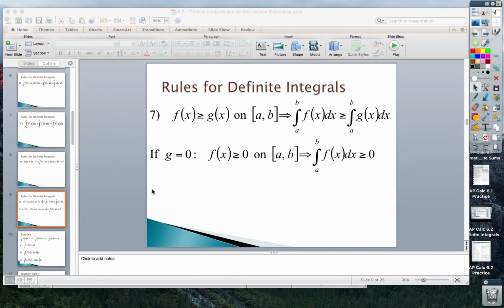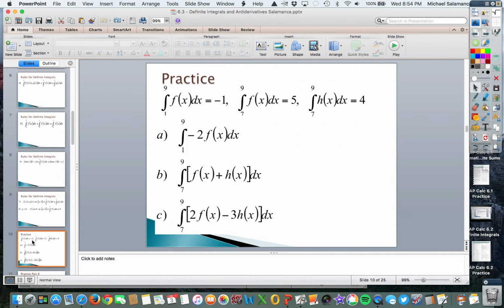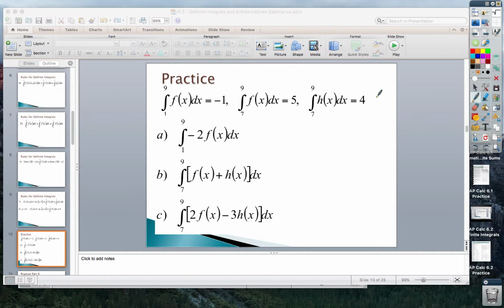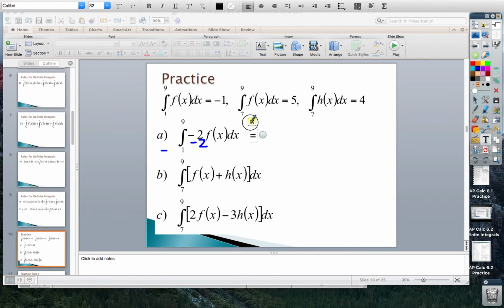So let's look at a couple practice problems. Let's take a look at letter A. A is saying we have the integral from 1 to 9 of negative 2 f of x. So notice right off the bat, we could pull the negative 2 up front, and then we'll have the integral from 1 to 9 of f of x.